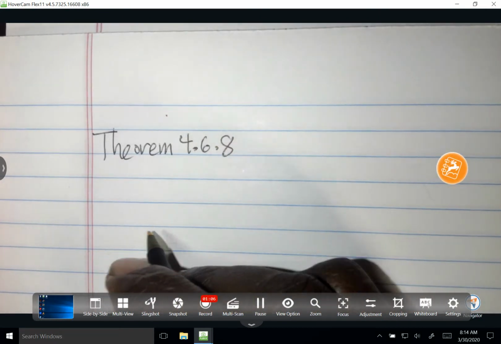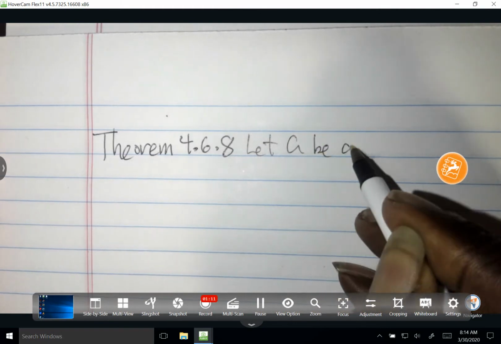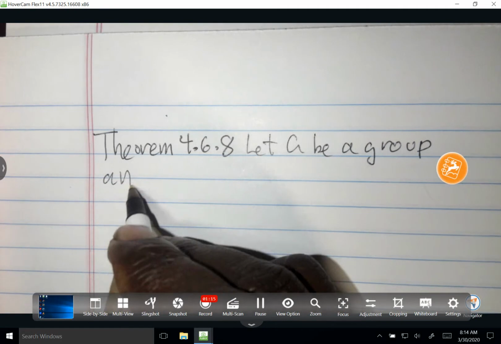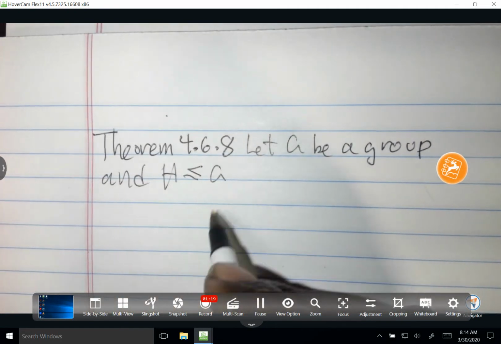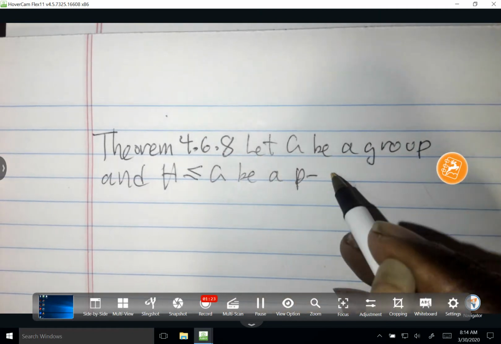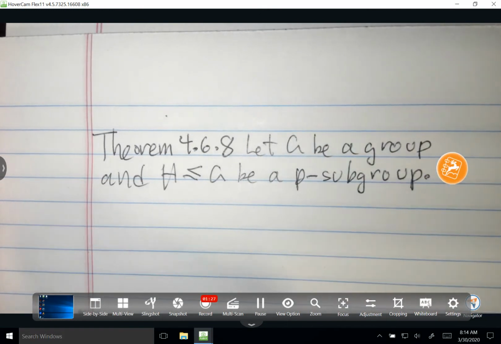And it goes like this. Let G be a group and H be a P subgroup. Okay, what does a P subgroup mean?